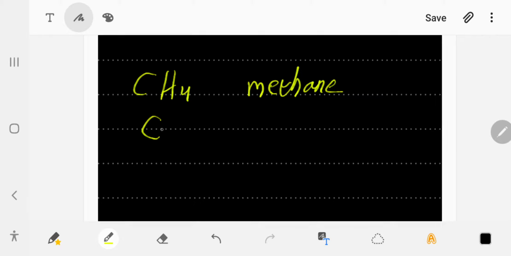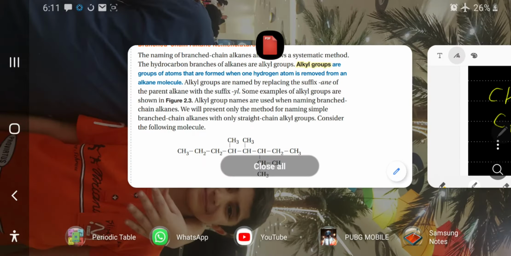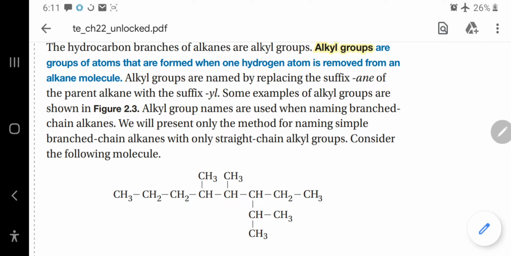But what if we have CH3? This is not an alkane. This is an alkyl group, so it will be methyl. So this is CH3, this is methyl.